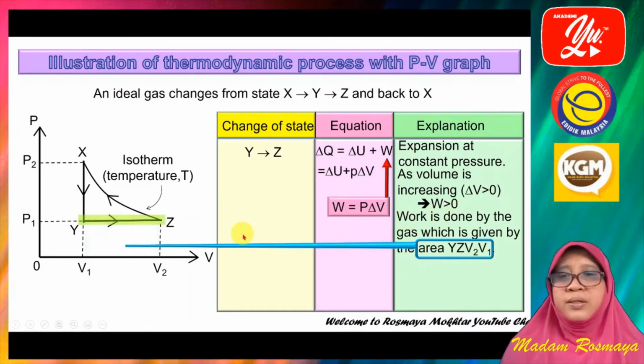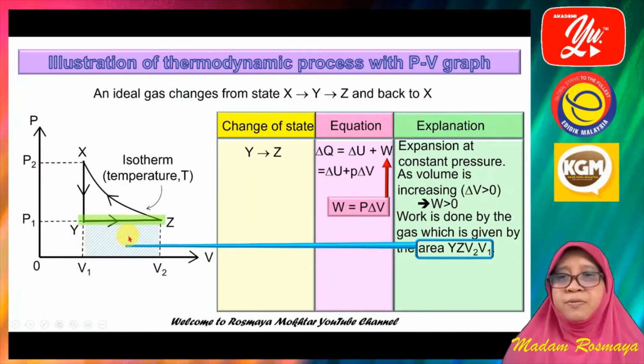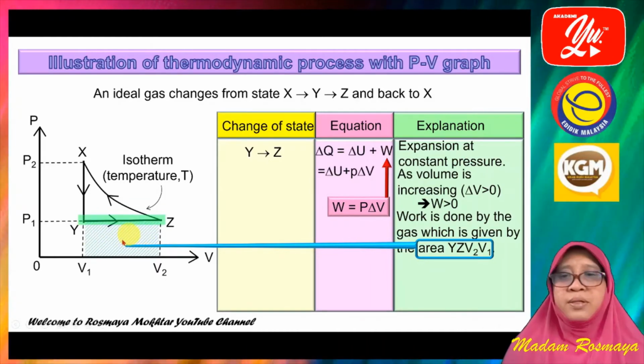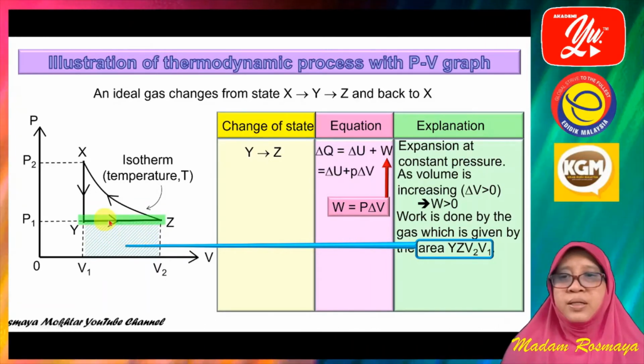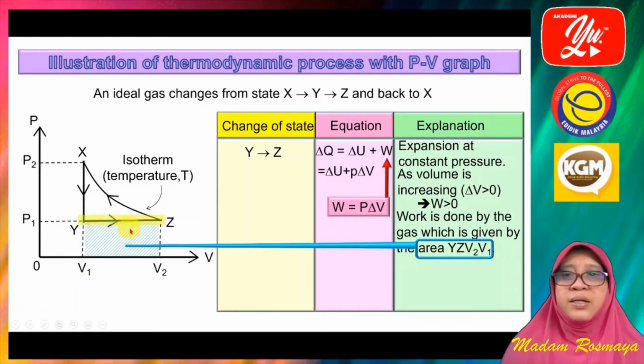Now from the PV graph here, the area under the graph of line YZ is the work done by the gas, because the volume is increasing. The area is given by this rectangle YZ V1 V2.